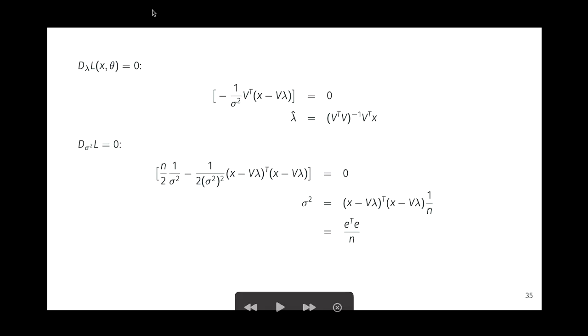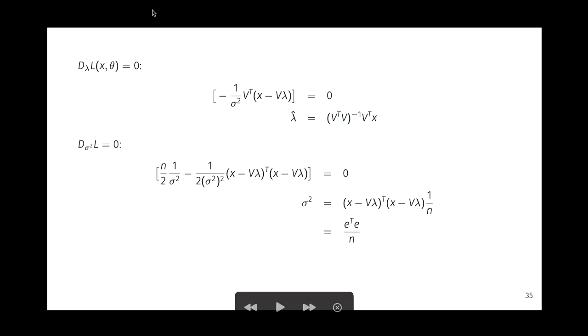Differentiate that with respect to the lambdas, and I get the expression on the top line. The optimal value is, so I can find that lambda hat is that thing there. Differentiate again with respect to sigma squared.